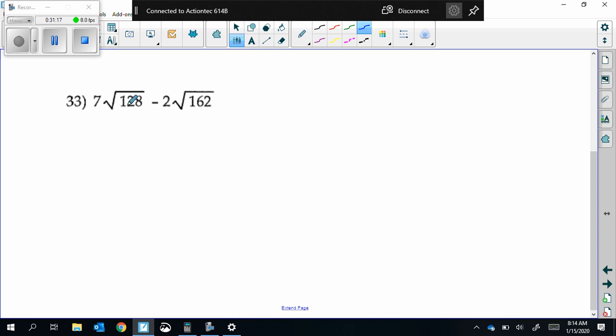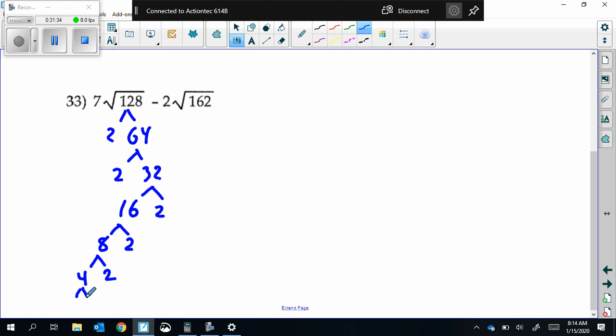Same idea here, 7 square root of 128. That's 2 times 64, 2 times 32, 16 times 2, 8 times 2, 4 times 2, 2 times 2. It's a whole lot of 2's.